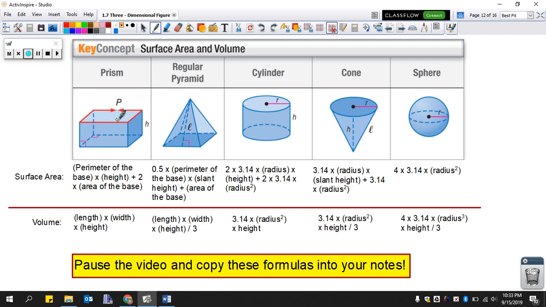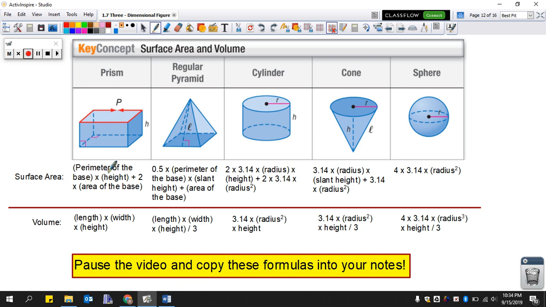And that's a lot of work and a lot of multiplying. This formula that we're given down here to find the surface area of a rectangular prism says take the perimeter of the base times the height, plus you find the area of the base and multiply it times 2. That'll give you the surface area of a rectangular prism.